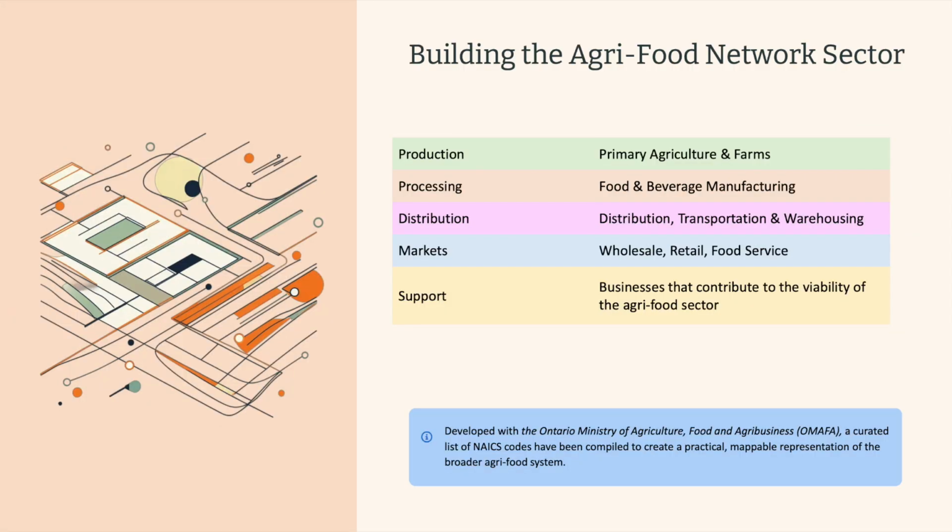To do this, ConnectON uses NAICS codes, the North American Industry Classification System, which classify businesses according to their economic activity. A curated set of NAICS codes was selected to represent the broader agricultural system. This creates a practical, mappable way for municipalities to better understand agriculture as a connected economic system.